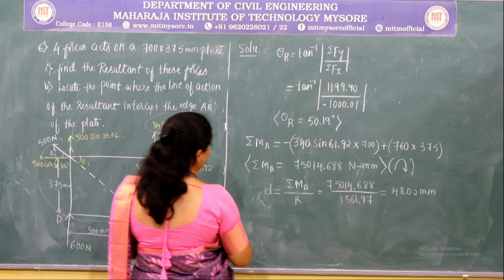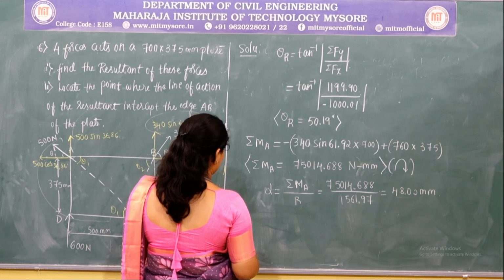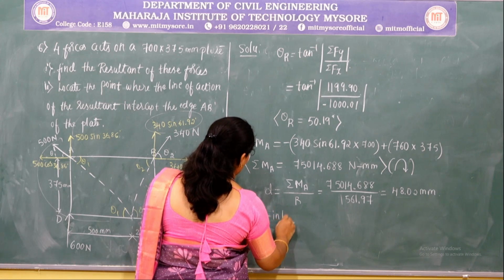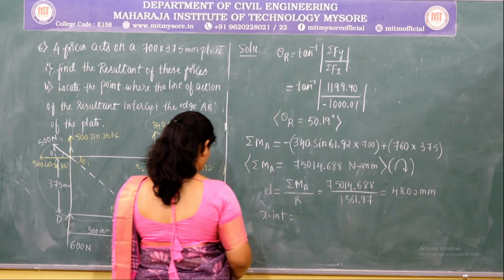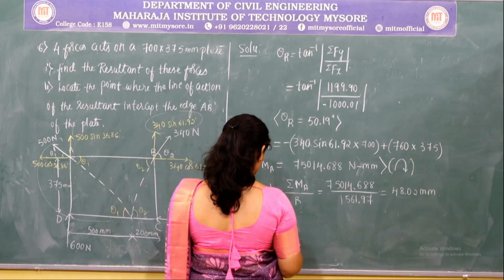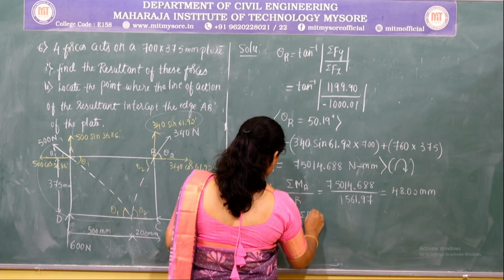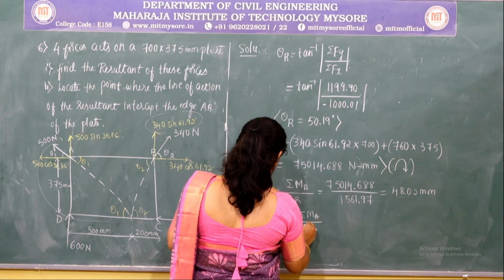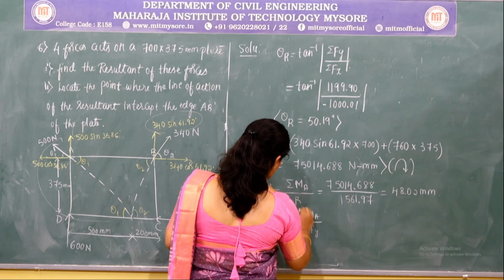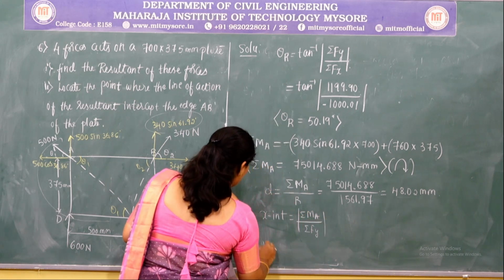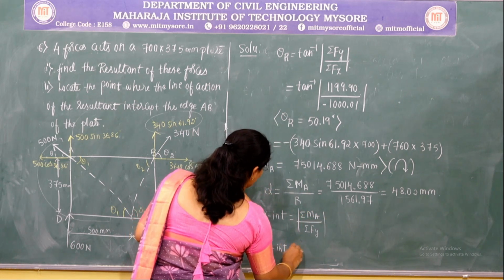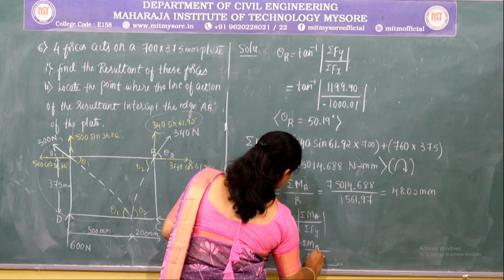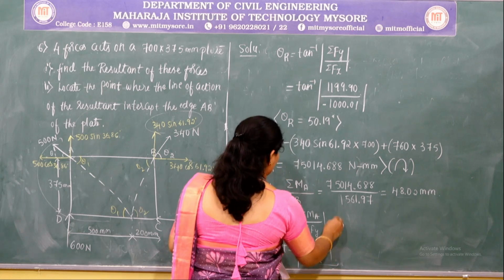That means we need to find the value of the x-intercept and y-intercept. So the x-intercept is equal to the sum of the moment about point A divided by summation of Fy, and the y-intercept will be equal to the summation of moment about A divided by summation of Fx.